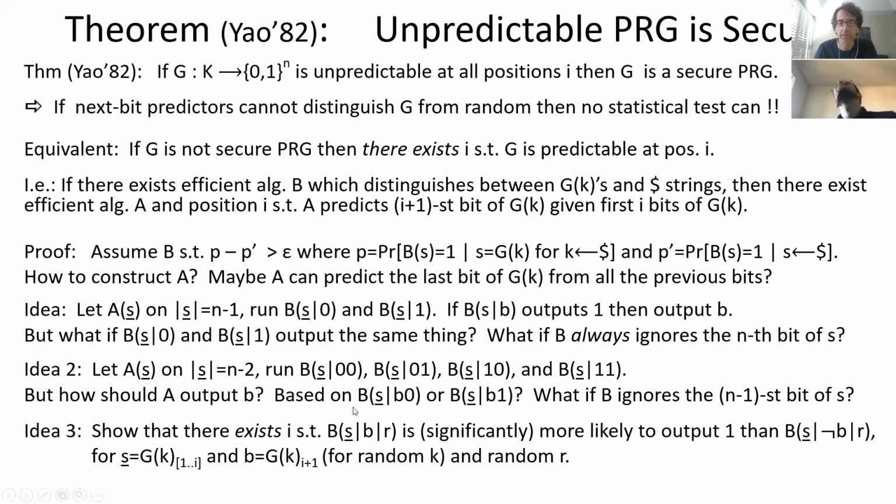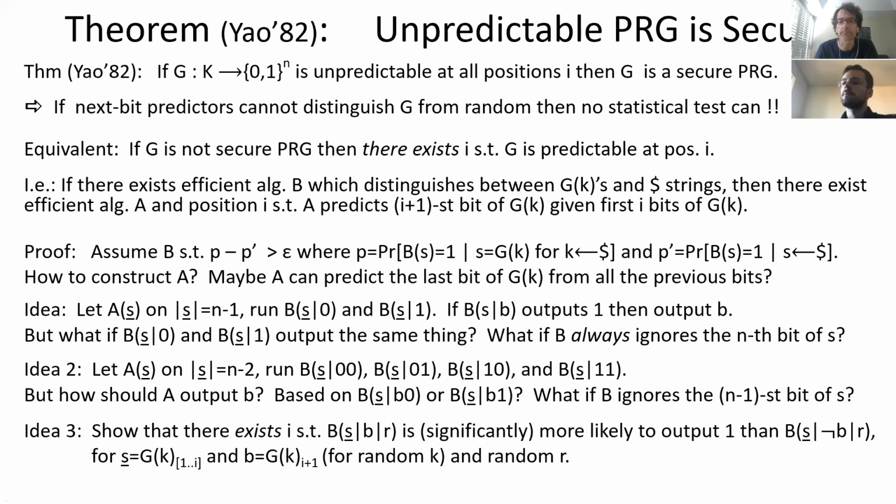If we knew that B acts this way at some index I, then we could use him in a reduction. The reduction would take S, run B on this string where R is random and B is, let's say, picked 0, run him on this string where R is random and now this bit is 1.